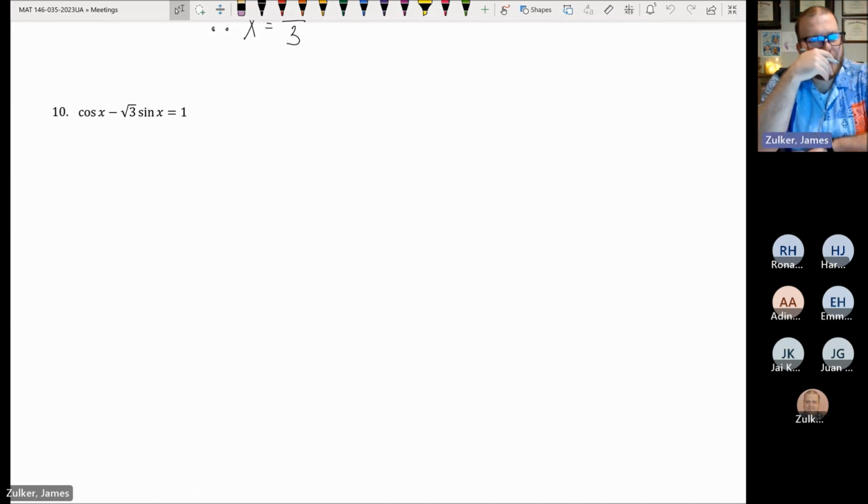All right, cosine minus root 3 sine is equal to 1. Well, let's do some rearranging.